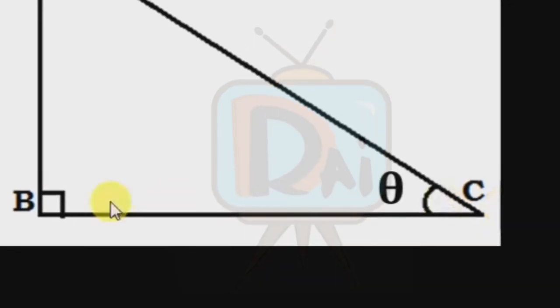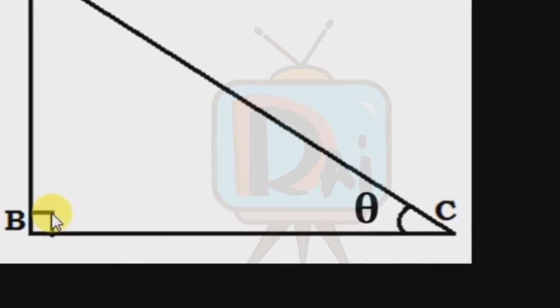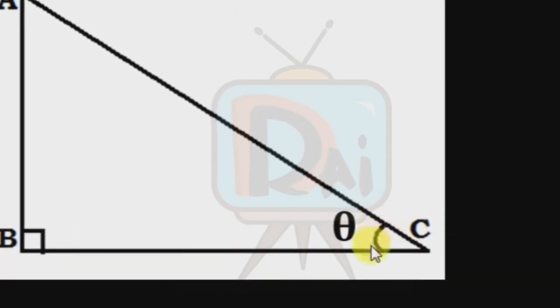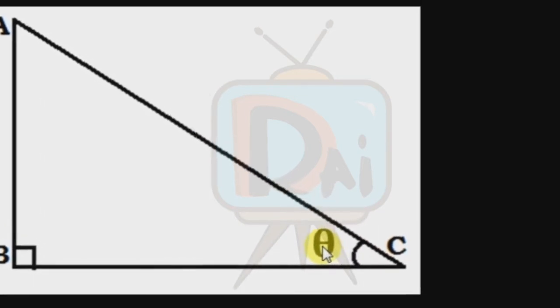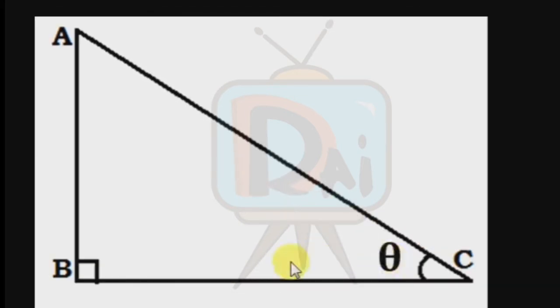ABC. Angle B is equal to 90 degrees and angle C is equal to theta. So the side which is opposite to 90 degrees is known as the hypotenuse, which is represented by H, and the side which is opposite to an angle is known as the perpendicular, and the side where the two angles rest is known as the base.